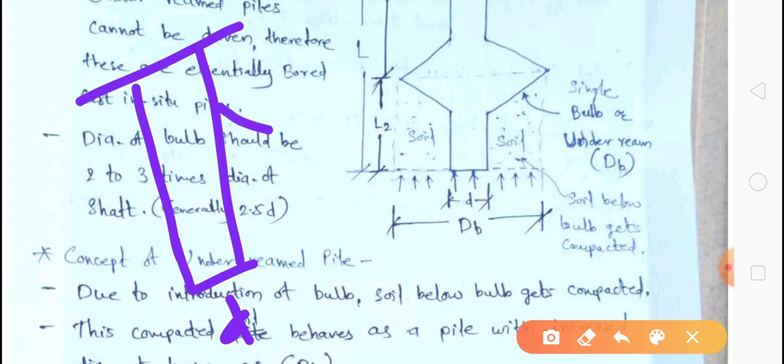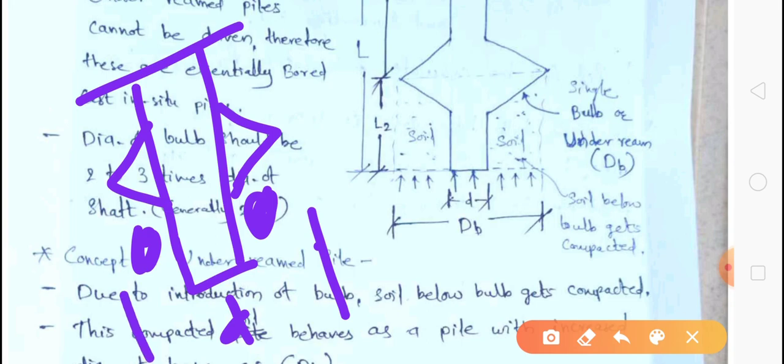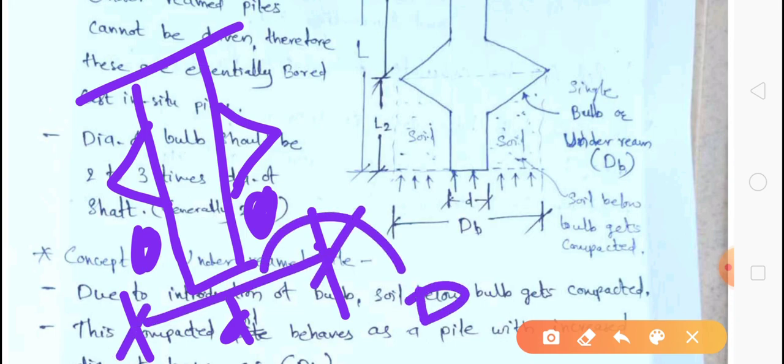D is the diameter of the pile, and this is the bulb provided here. Now below the bulb there is soil which gets compacted, and this will act as a pile, and therefore the base area gets increased. So this is the diameter at the base, which will be dB.